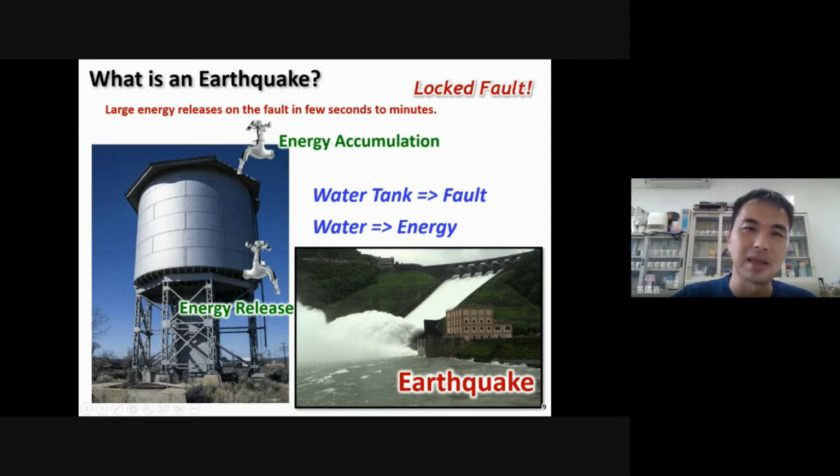Based on this balance calculation, we may have some guess or some probability estimation for the next earthquake.